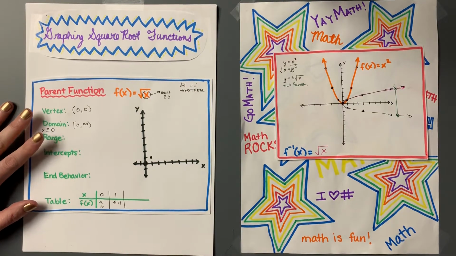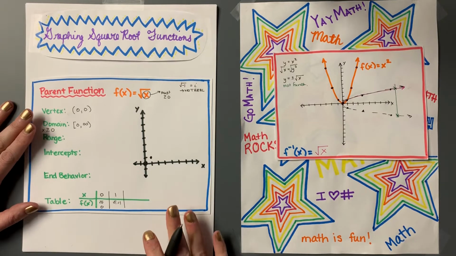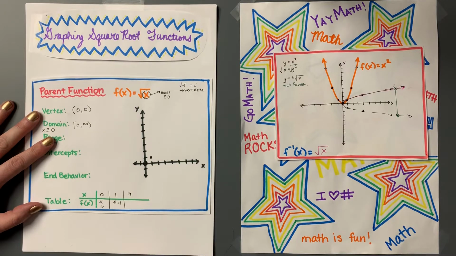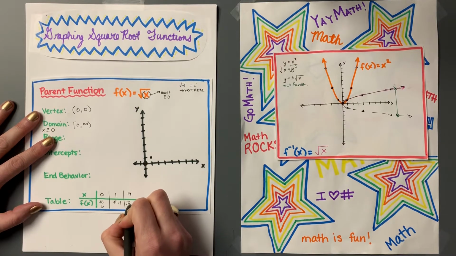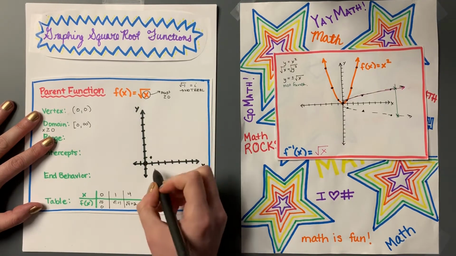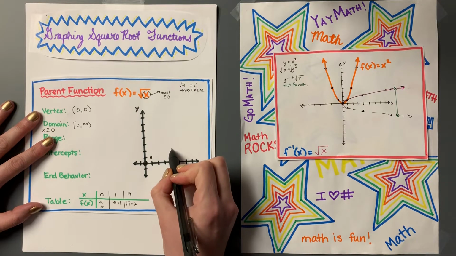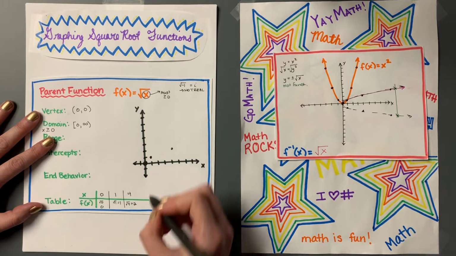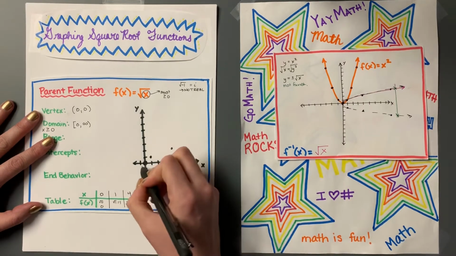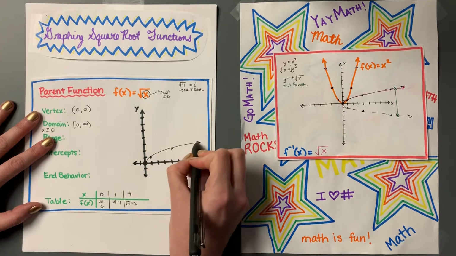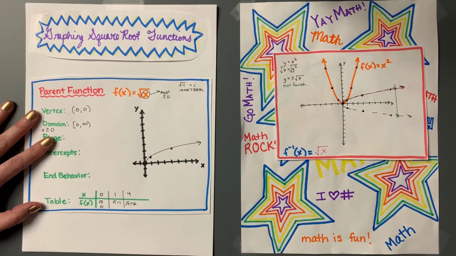It's not going to be easy for me to graph, but I do know what the square root of 4 is. The square root of 4 is 2, so I'm going to graph the point (4, 2). I could do more points, but 3 points is going to be enough. So my parent function looks like that.